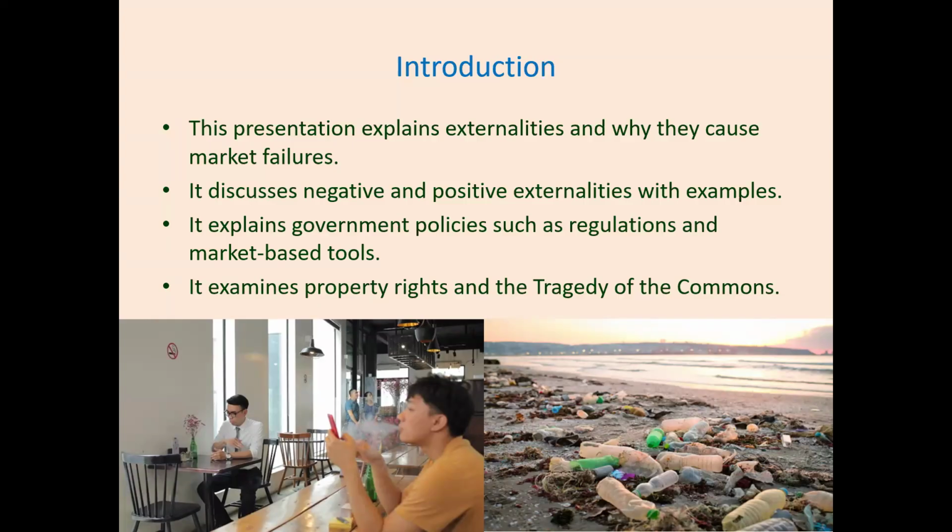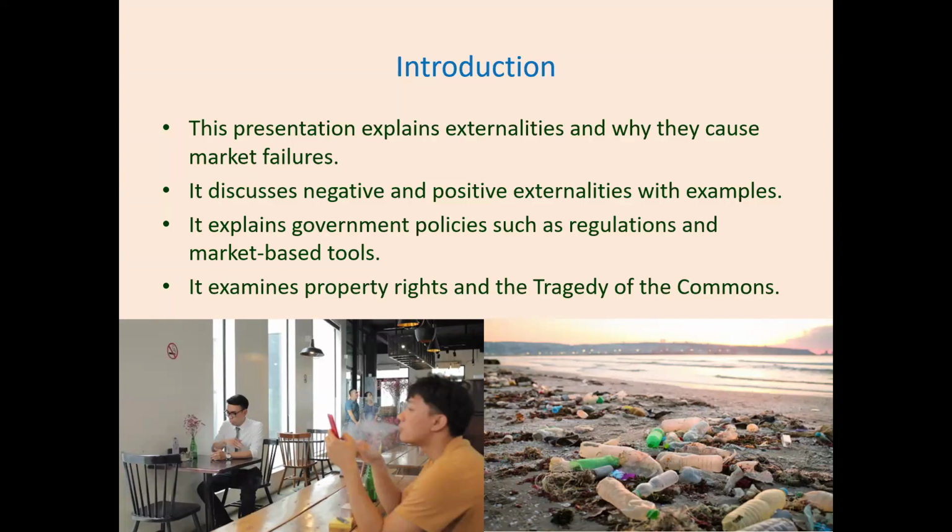It discusses negative and positive externalities and provides multiple examples of each. We will also explain what government policies can be used to regulate externalities or to use market-based tools. And market-based tools are essentially taxes, which tax undesirable behaviors, or subsidies, which reward desirable behaviors.